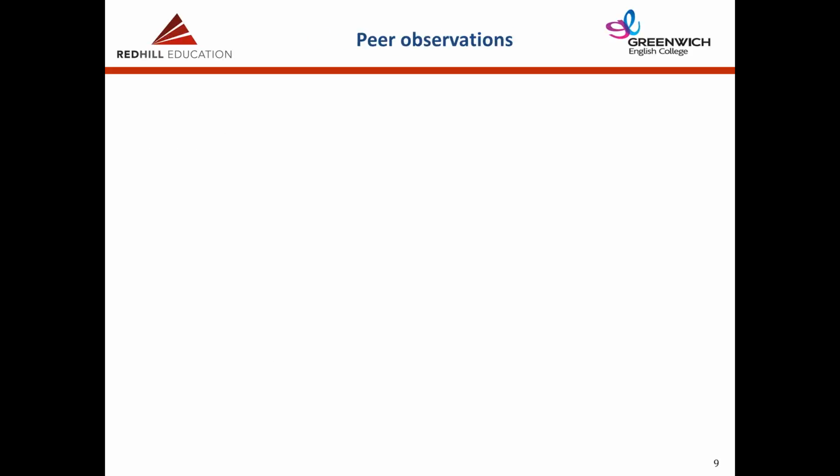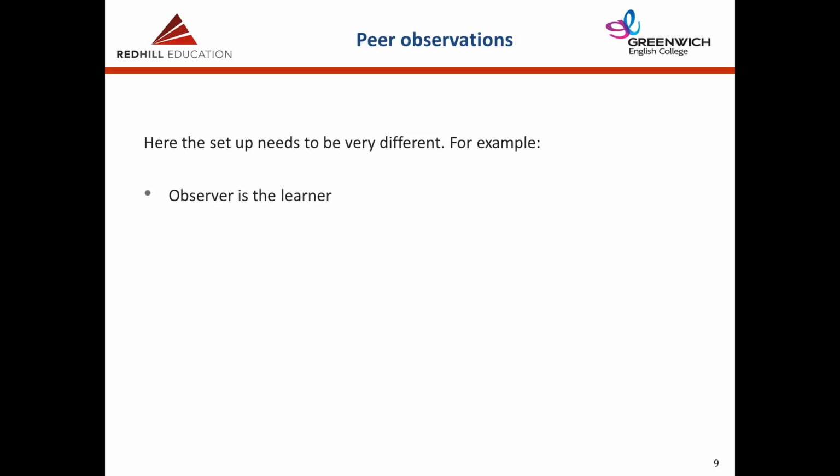The next category is peer observations. And again, it's a really very different setup here. First thing to remember is that, unlike in the other observations, here the observer is the learner.